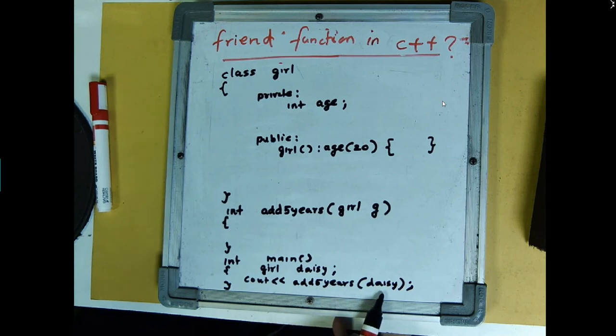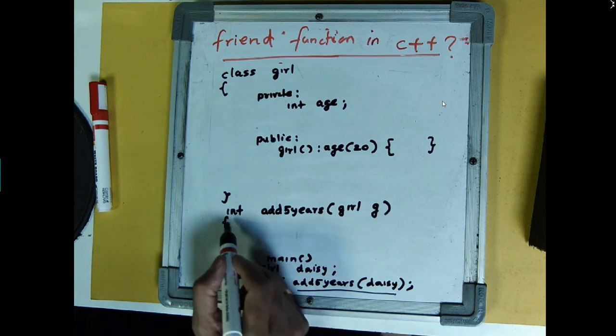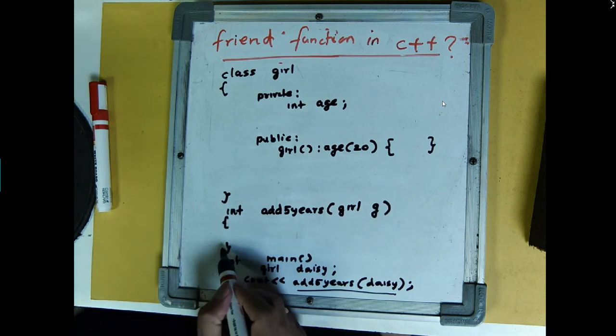You have added 5 years to the age of Daisy just by calling this function normally, there is no object or anything. You are calling it as a global function from here.